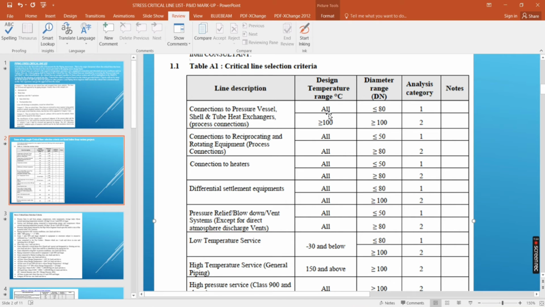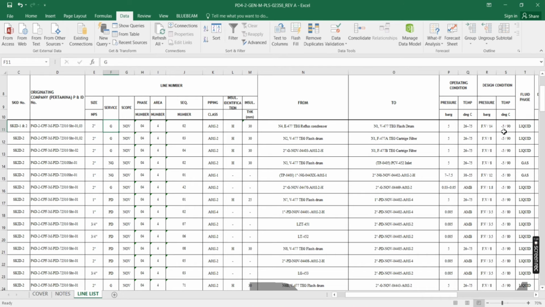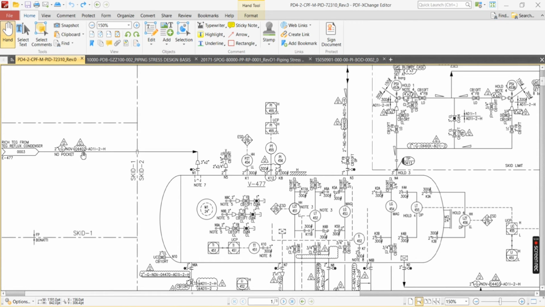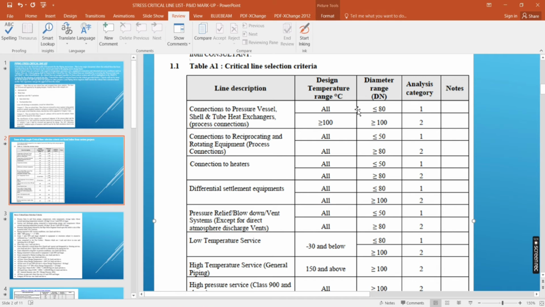Then we need to see what our temperature is. The temperature is 90 degrees only, -5 and 90. -5 is the minimum design temperature and 90 is the maximum design temperature. So this is 2-inch 04402, connected to the pressure vessel.